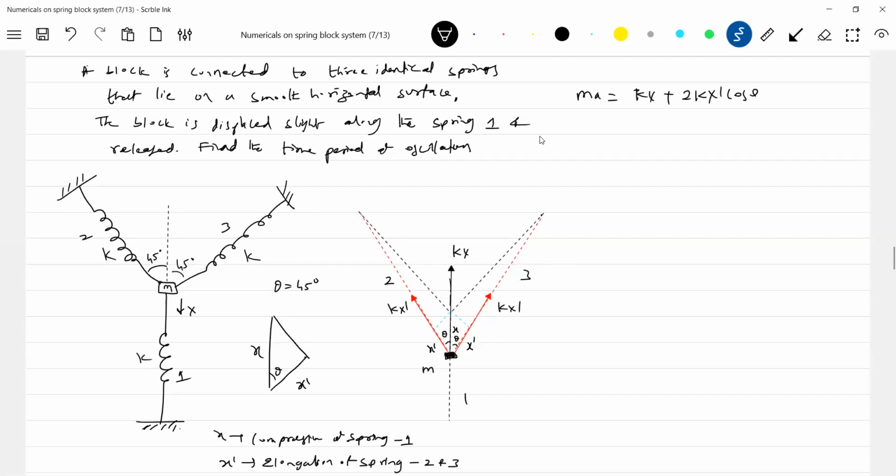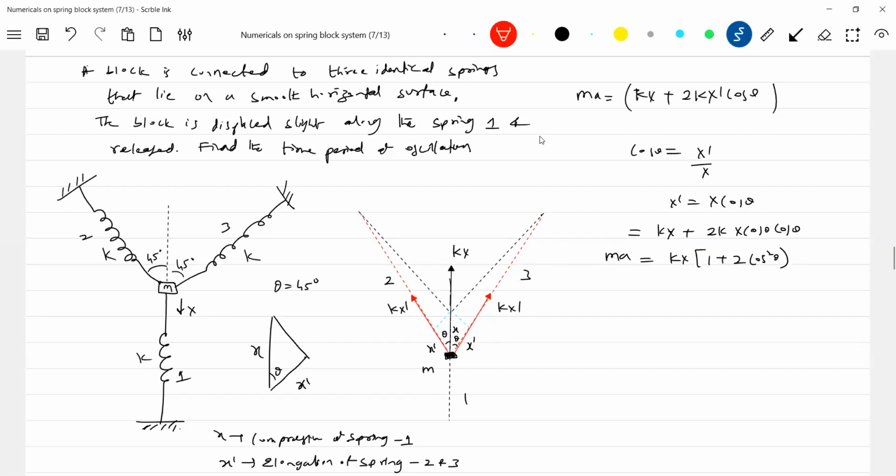Okay, let's go for the mathematics here. Cos theta is equal to x dash by x. So x dash is equal to x cos theta. So the force is kx times 1 plus 2 cos square theta, times 2k x cos theta. This will be opposite to the displacement, so we introduce a negative sign.